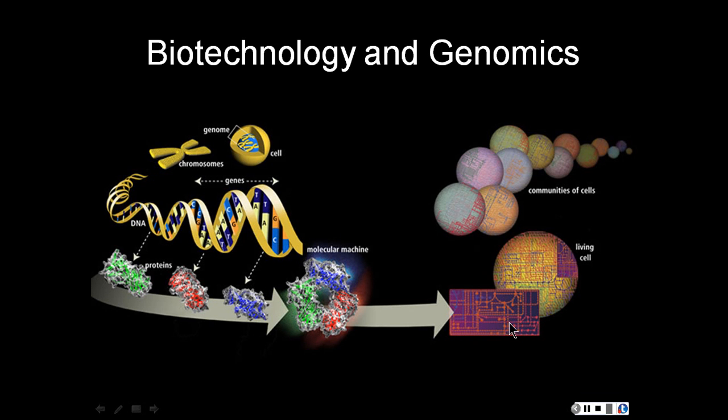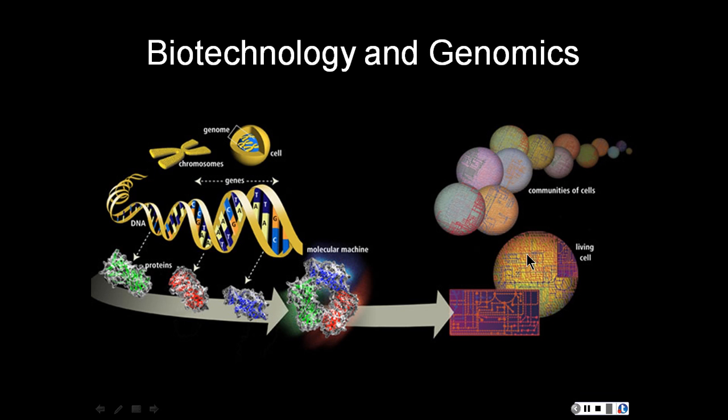This would be a big metabolic map showing all the reactions. Each of these little protein machines are essential to keeping these reactions going, keeping this cell living, and of course cells communicate with other cells, whether we're talking about bacteria living in a community or human cells that are gathered into a tissue.